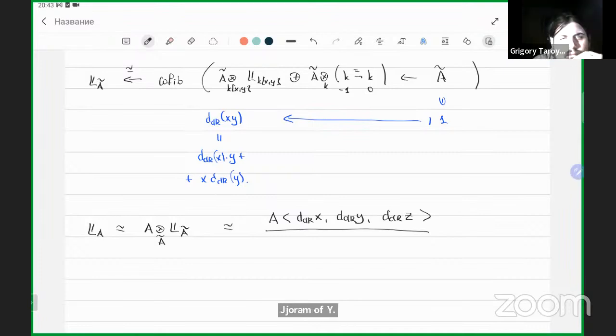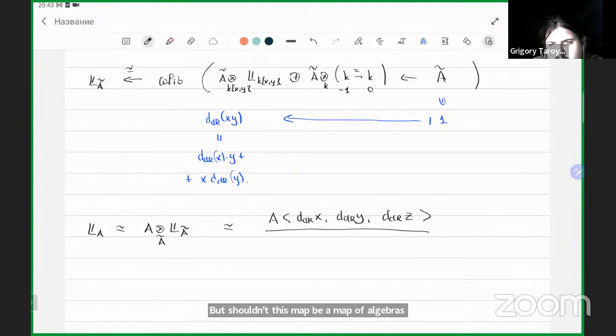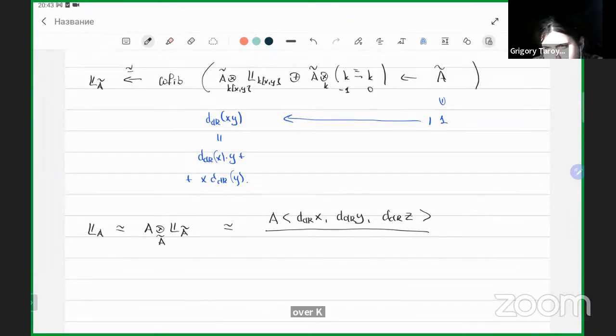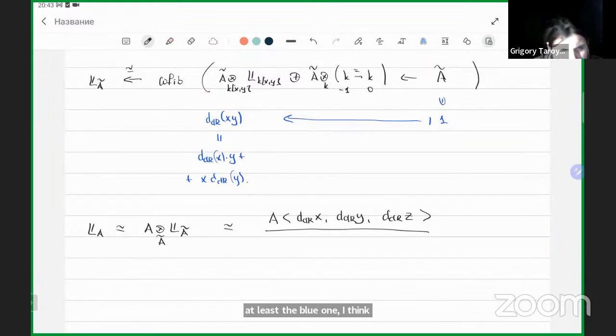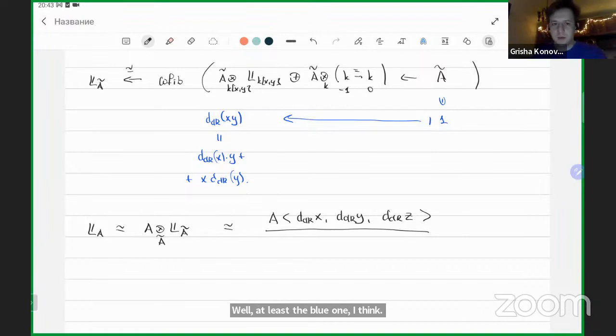I'm sorry, maybe that's a stupid question, but shouldn't this map be a map of algebras? At least the blue one, I think. No, it's a map of modules. Oh, it's just a map of modules. Yeah, okay. Sure. Because we're computing the model, so it's a map of modules.